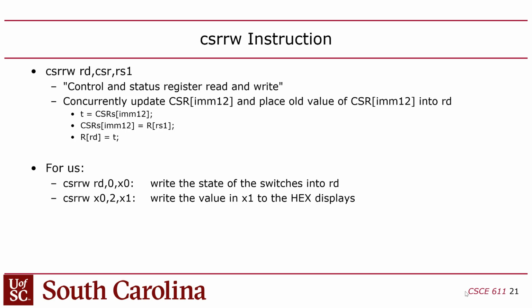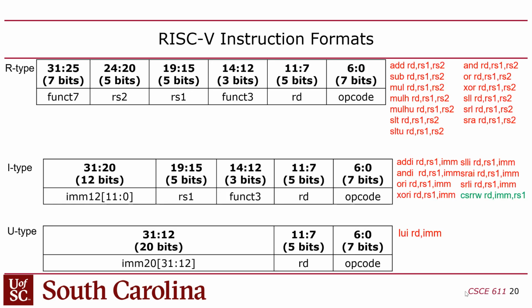Yes? What we have immediate 12, it's not quite clear where we get it. Yeah, I went back and forth on how to write that. So immediate 12 is the field in the I type. The I type has a field called immediate 12, and it's the upper 12 bits.